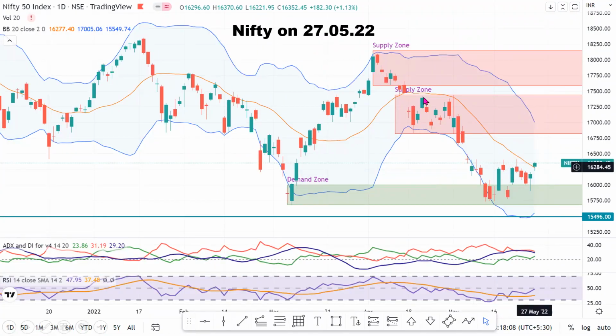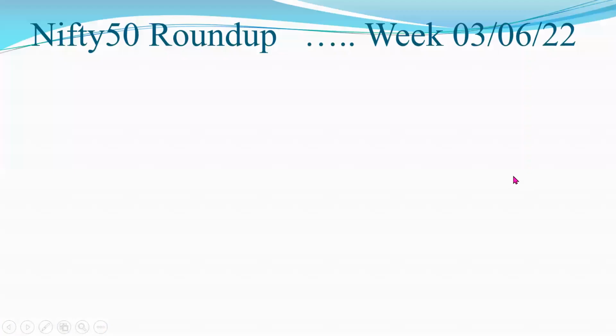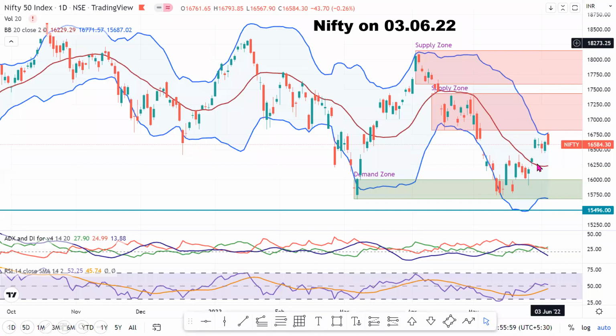The market was on the Bollinger Band, on the mean of the Bollinger Band. And today, if you see today's scenario, it has started moving upwards. Now you can see there are some demand zones marked and some supply zones marked. These demand and supply zones were marked much earlier, and the market is ranging between these levels.